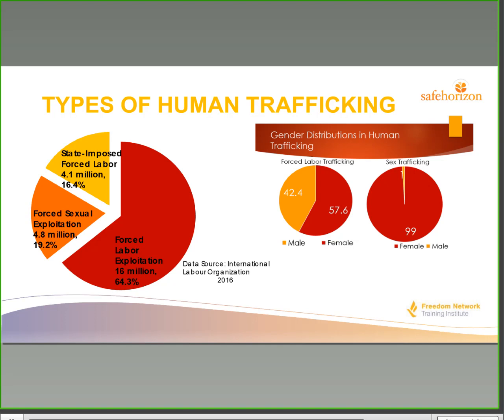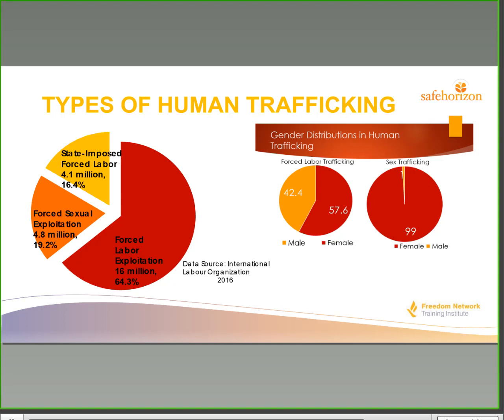Keep in mind that the federal law, the Trafficking Victims Protection Act, is not that old. It's about 20 years old, which in the grand scheme of laws in the United States is a very, very new crime.